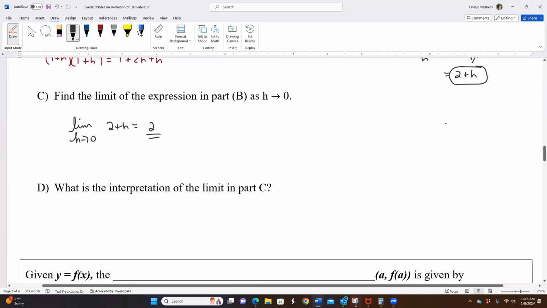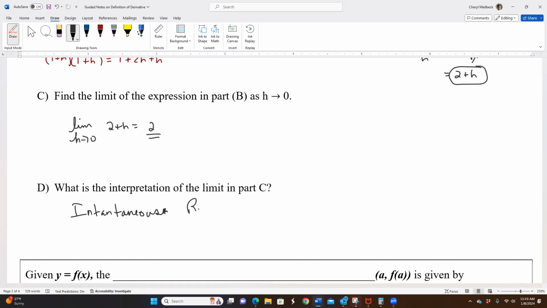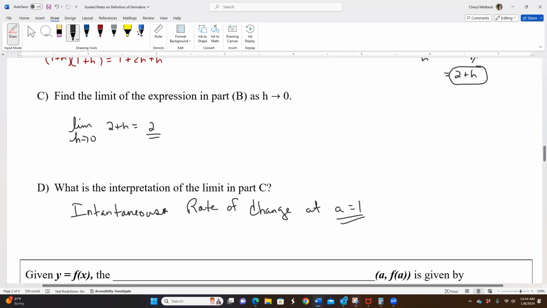What is the interpretation? This is the instantaneous rate of change at a equals 1. All right, let's see where that leads us.